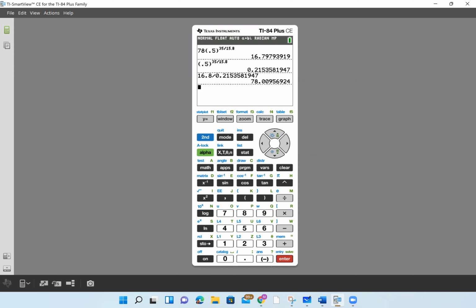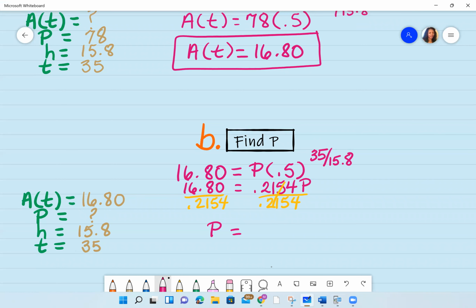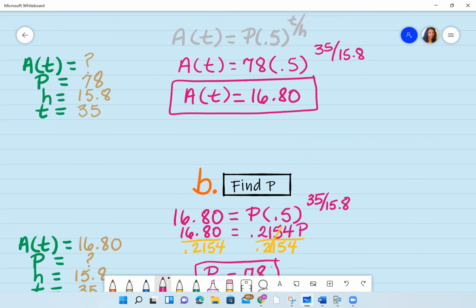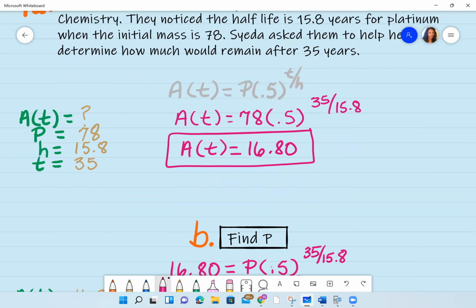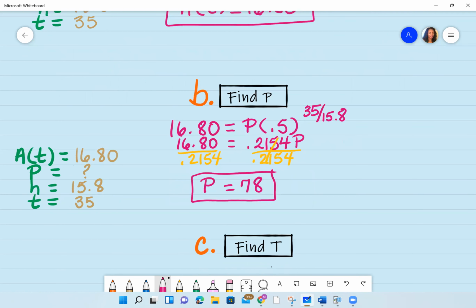And it says it's 78. So P is 78. But again, I am using the same scenario. So if I go back, I already knew that the initial is 78, and initial means P. So I know I'm on the right track here.